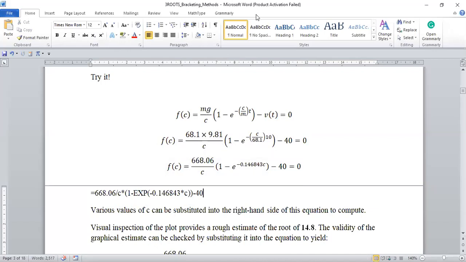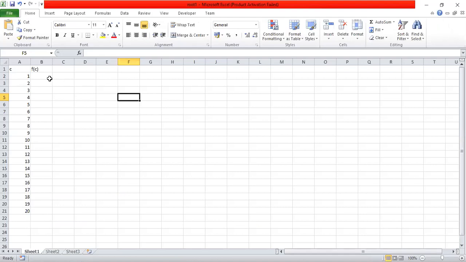So I'm in Excel now. We are going to be using the graphical approach to solve this problem. I have C here, and I have different values. You type in some values for C. You can start from a negative number, but I chose to start from 1.